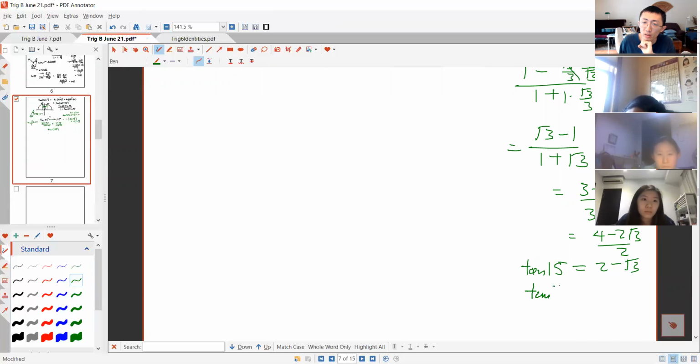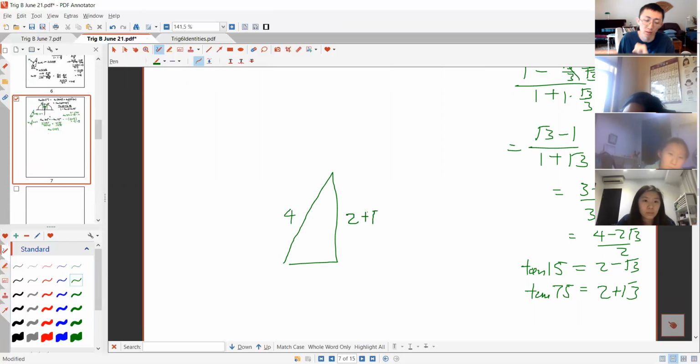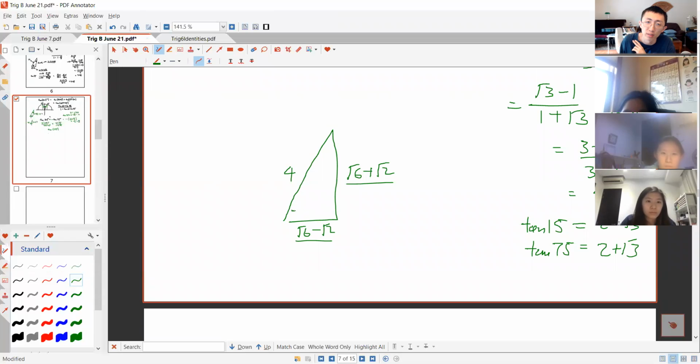So you could have this memorized if you really wanted to. The basic diagram is this is 4, this is 2 plus, no, this is root 6 plus root 2 over 4, I mean root 6 minus root 2. And then the ratio of this divided by this is equal to 2 plus root 3. So this is 75, this is 15. You don't have to memorize it, but it's useful for math competitions to have it memorized sometimes.